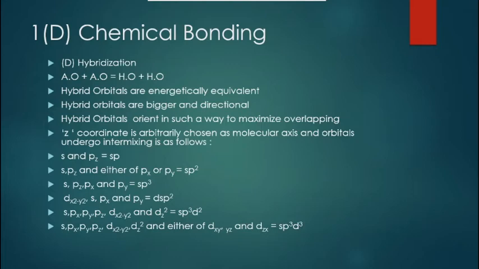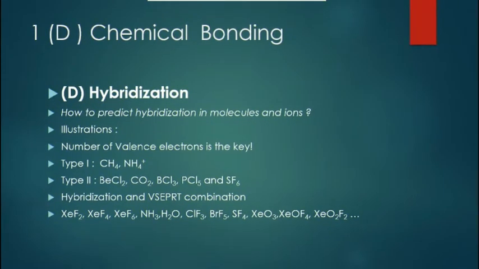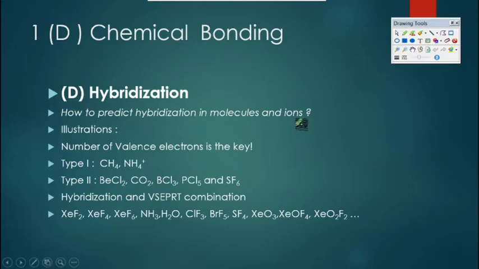Now the challenging part in hybridization: how to predict hybridization in molecules as well as ions. So certain rules we have to follow. For example, in a molecule or ion, first we have to calculate the valence electrons, and from the valence electrons we follow a small procedure to predict the type of hybridization.